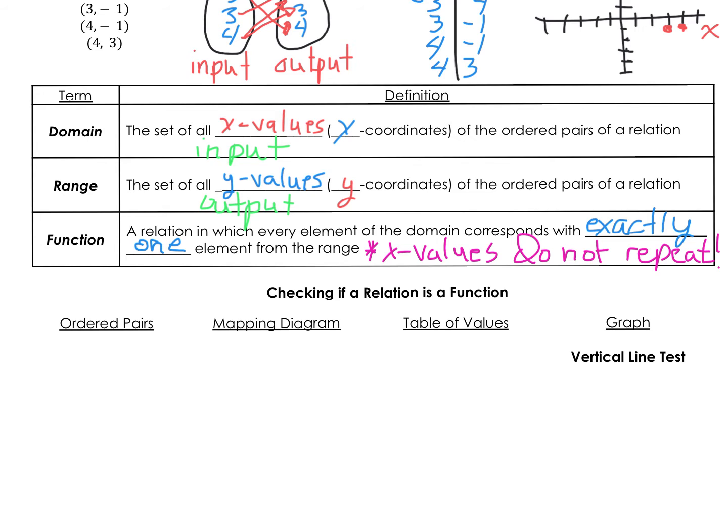So if you have a set of ordered pairs, you want to ask yourself, do the x values repeat? There's only two tests that you're going to apply.